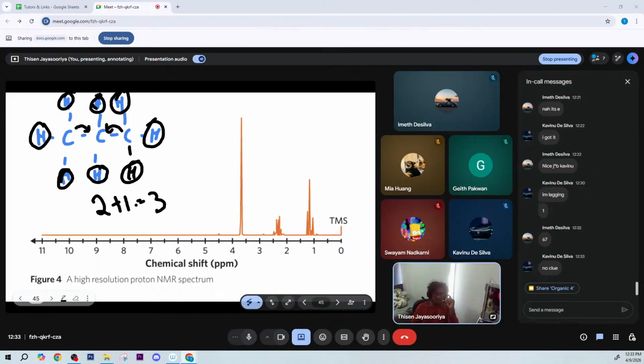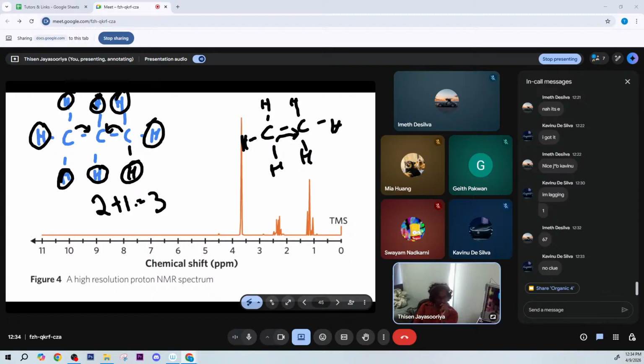Now the big thing that I want to point out here is that the neighboring carbon must be a distinct environment. So for example, if we had this one here, this only has one hydrogen environment to it. So if I go over to the one with adjacent carbons, it's not a different group of hydrogen environments.